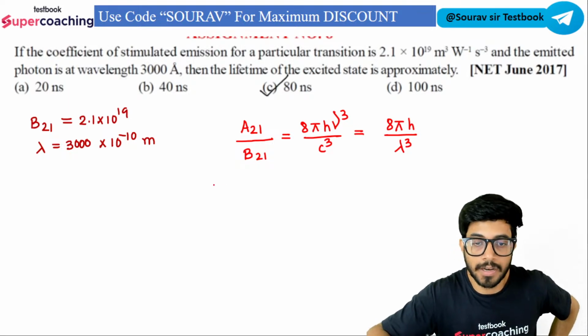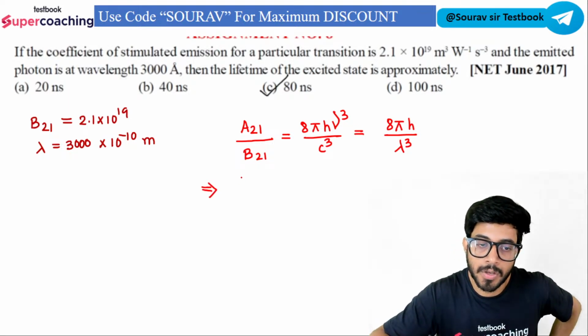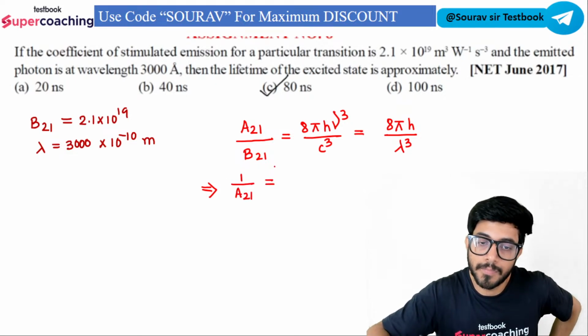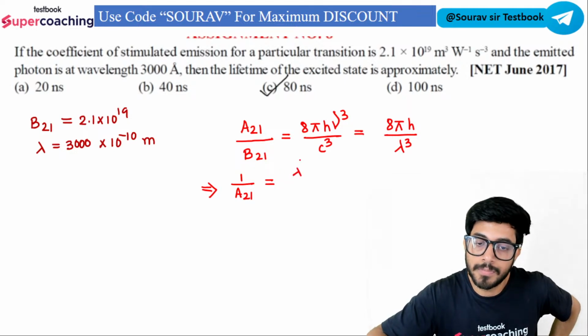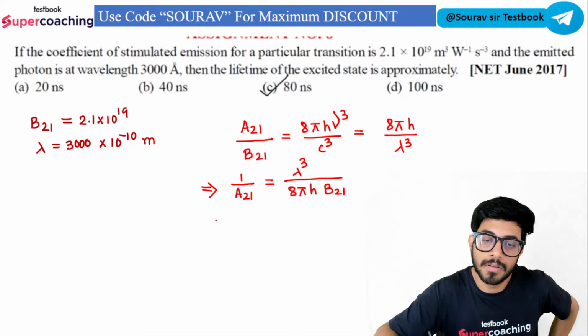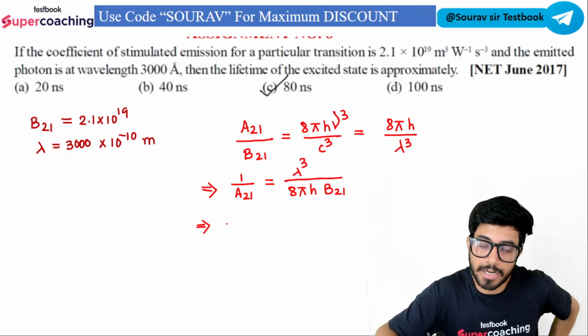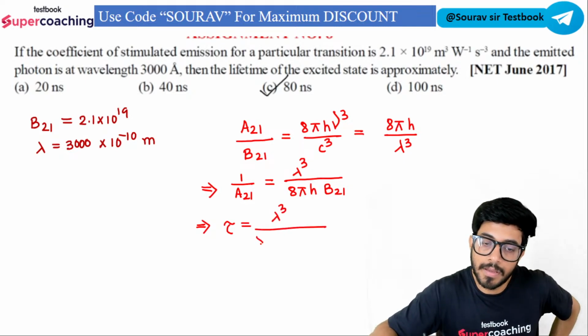So from here you can write down 1 by A21 is equal to lambda cube by 8 pi h B21. That means this is your tau, lambda cube by 8 pi h B21.